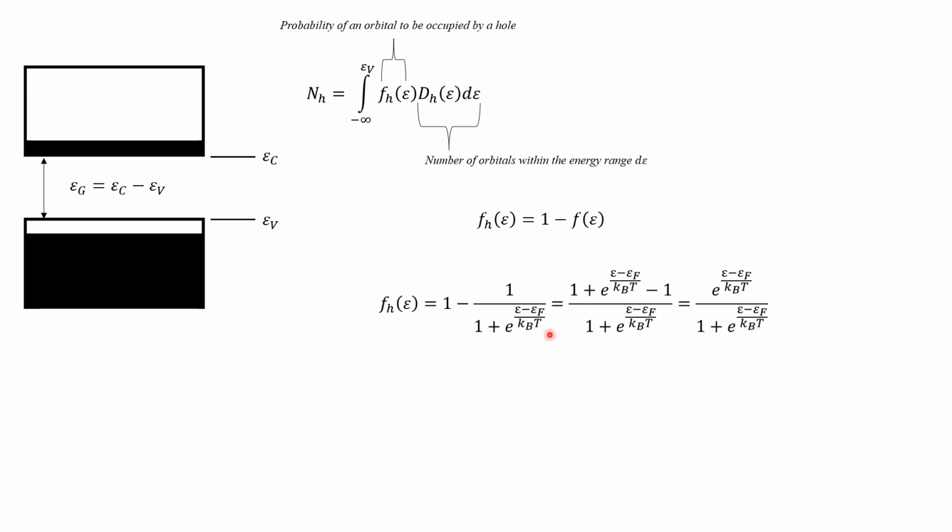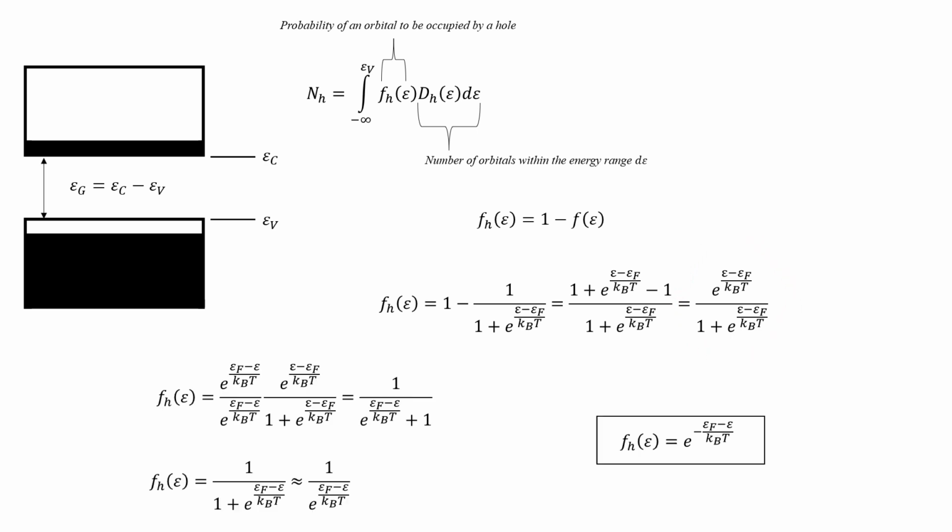So using the expression for the Fermi-Dirac distribution, then we can manipulate it a bit and we get this expression for the probability of an orbital to be occupied by a hole. Now we multiply the numerator and the denominator by this exponential. Notice that this exponential is the same as this, but with these terms exchanged.